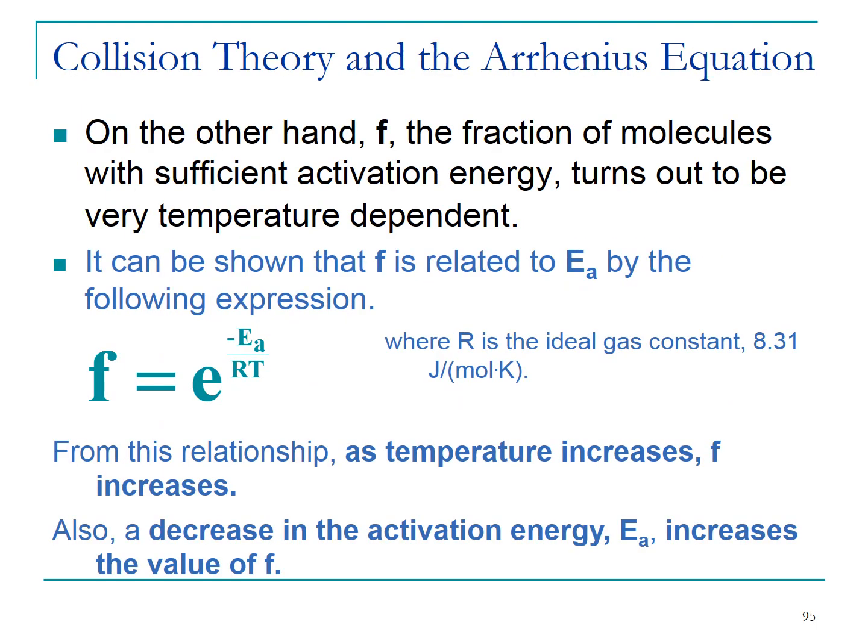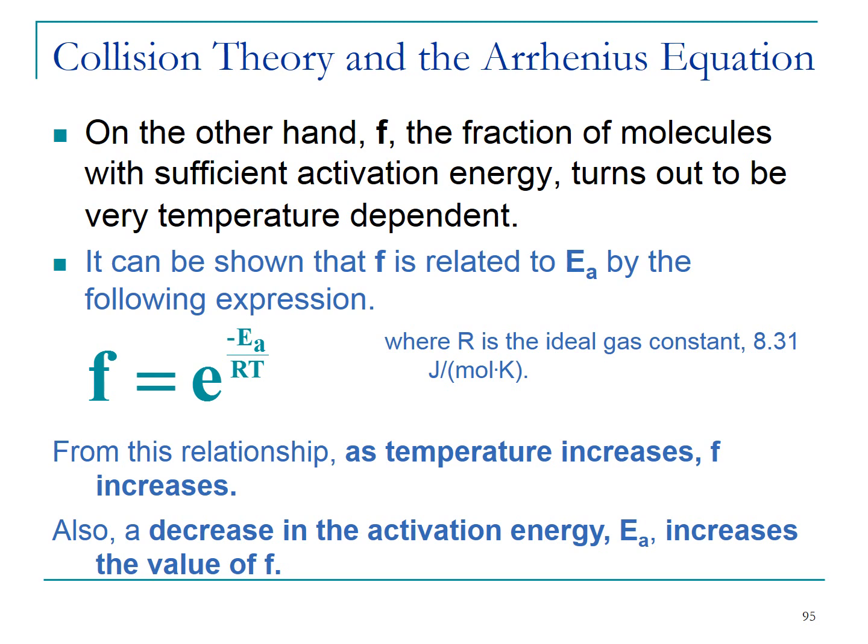Okay, so on the other hand, the fraction of molecules that have enough activation energy is very temperature dependent. You really don't need to worry about this equation so much, but basically this is the equation that shows the relationship between that fraction with enough activation energy: F equals e to the negative Ea over RT. R is a constant, but because it's e raised to the negative Ea over RT, if temperature increases, you're making that less negative, you're making that a smaller number and making it less negative, so F increases.